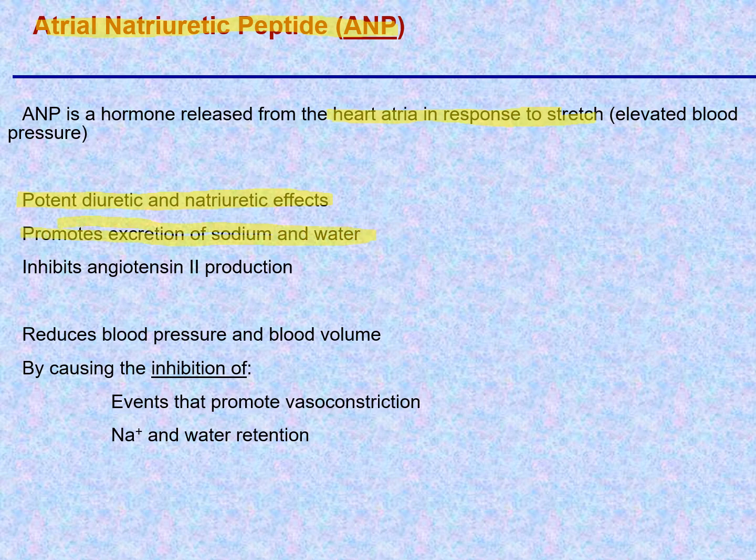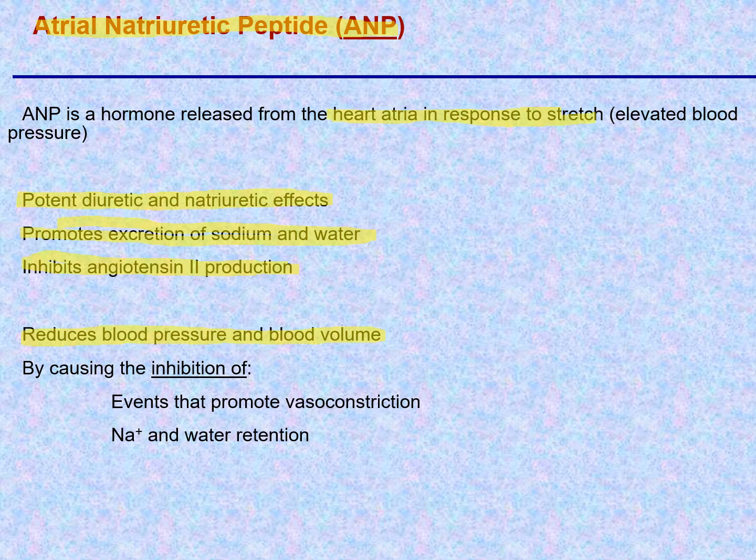Indeed, ANP will inhibit angiotensin II production. And as a result of that, you'll get a reduction in blood pressure and blood volume, two things that go hand in hand.